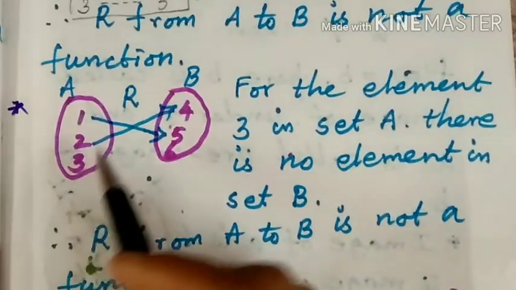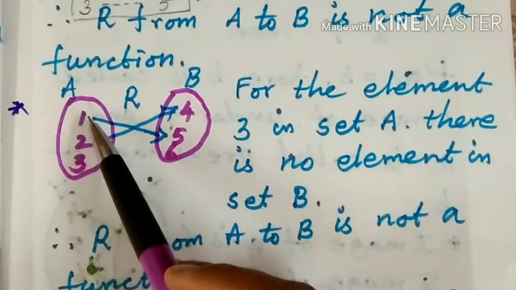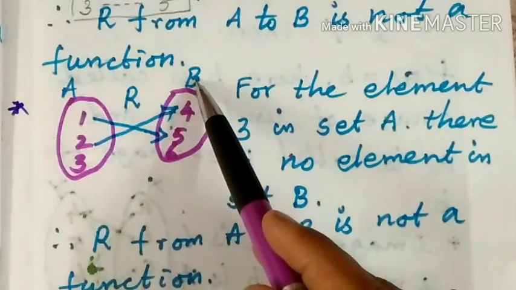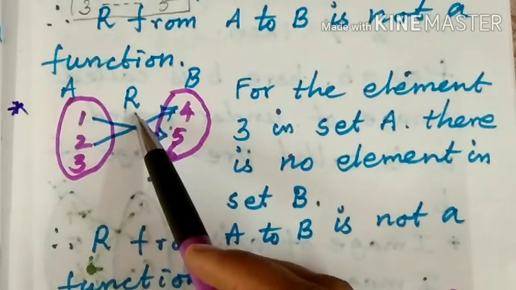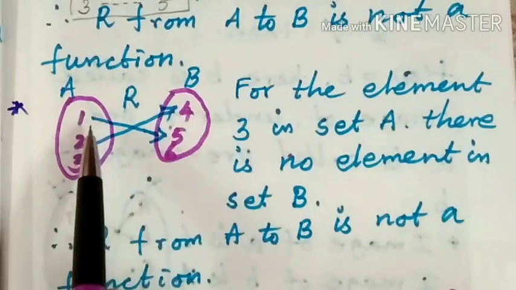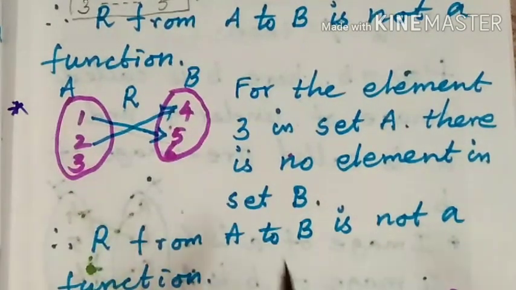Last example, let A have {1, 2, 3} and set B have {4, 5, 6}. Relation ordered pair R is 1 related to 5, 2 related to 4.